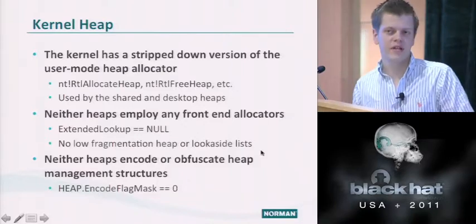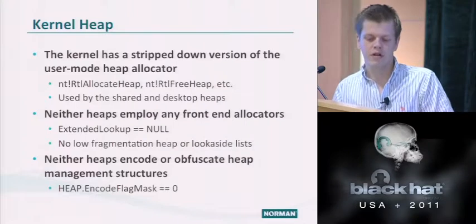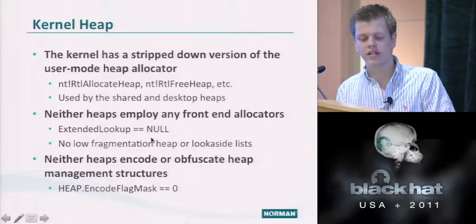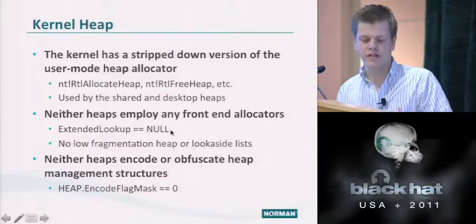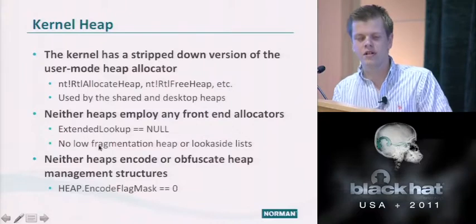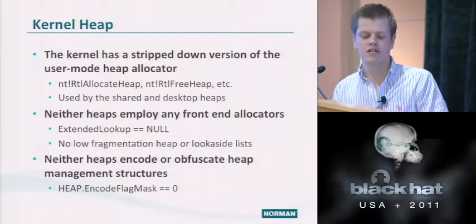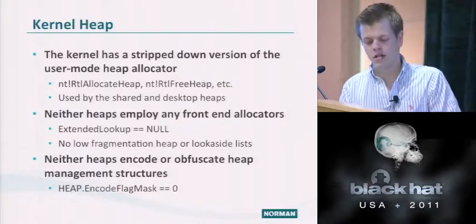This was also something that Chris Valasek pointed out in his paper on the low fragmentation heap: if this condition was true, there were no front-end heaps. So this means there's no low fragmentation heap or look-aside lists, which makes it really easy to predict where allocations are made and how they're managed.